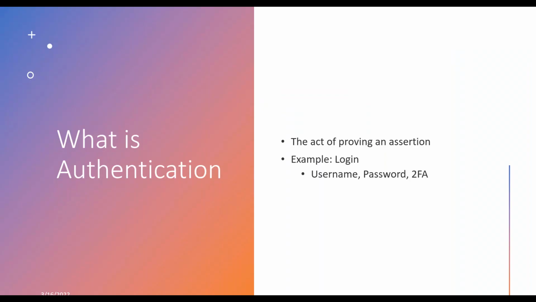about what authentication is, and all authentication really is, is proving an assertion that someone is allowed to access something, like a resource that you are providing. An example of authentication would be logging in with your username and password, and then two-factor authentication, proving who you are.